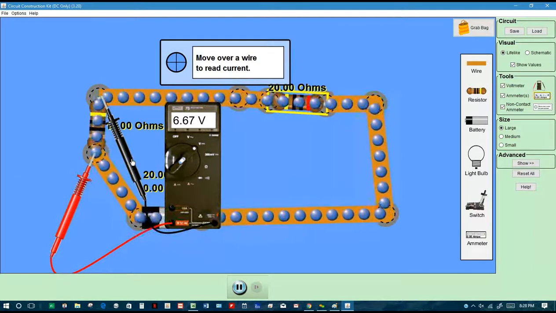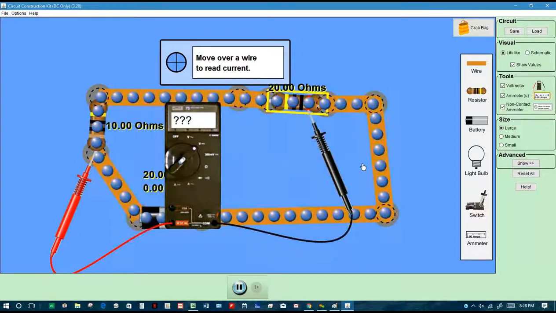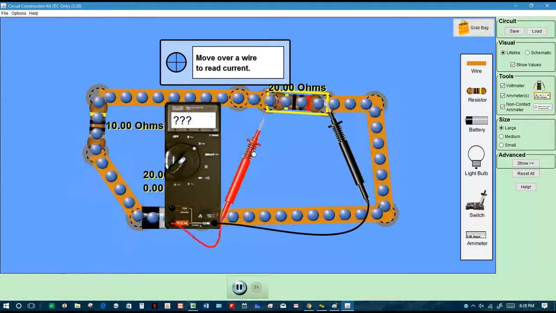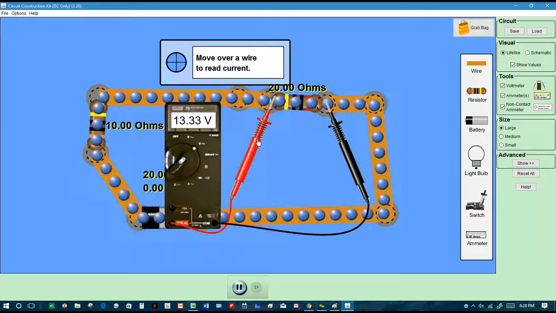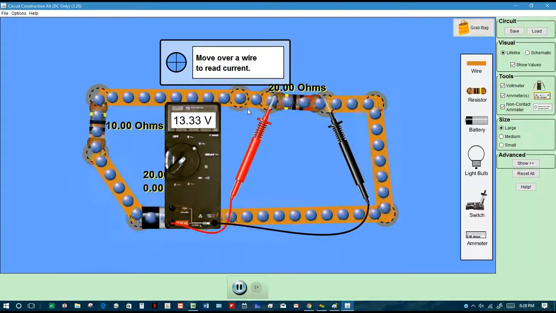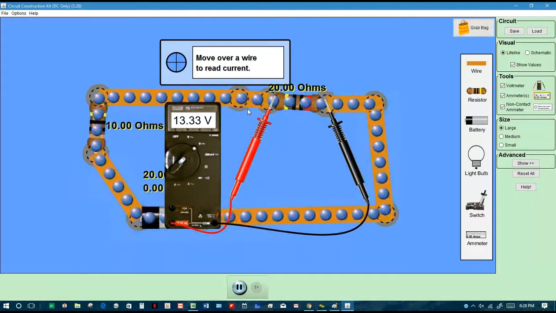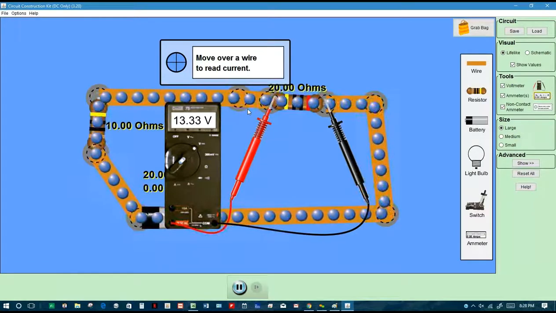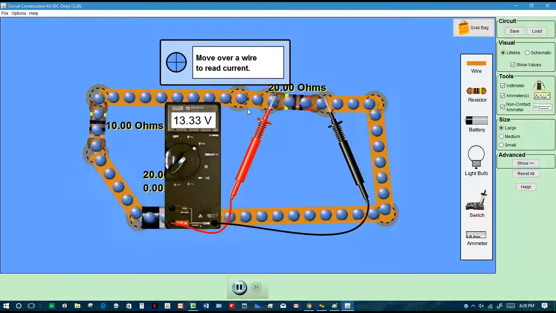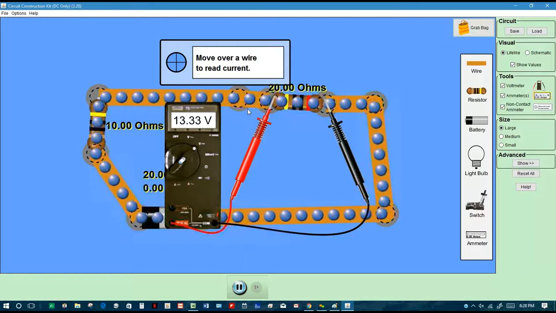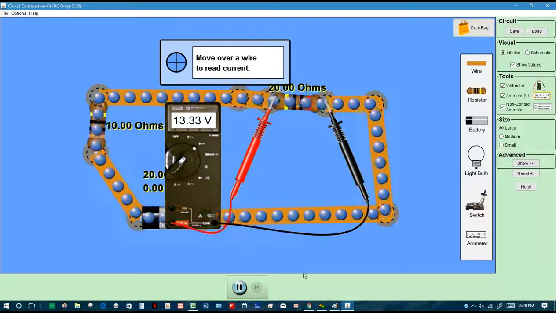How could we have used it to predict how much voltage drop is on this 20 ohm resistor? Say that again? Could we also have used it to predict how much voltage was being dropped on the 20 ohm resistor? Yes, it's the same method, right? So let's just show that.